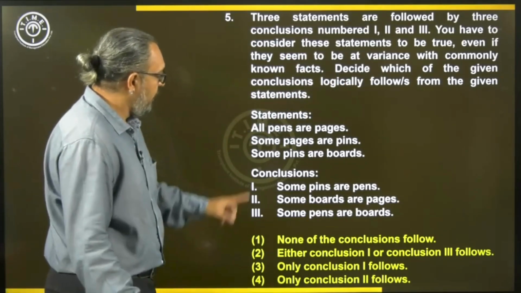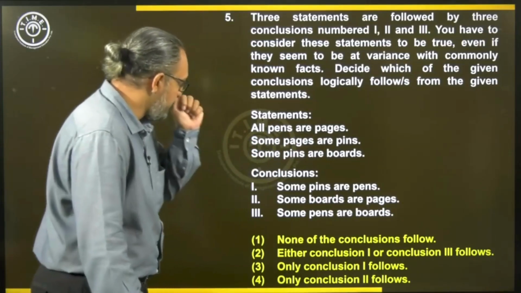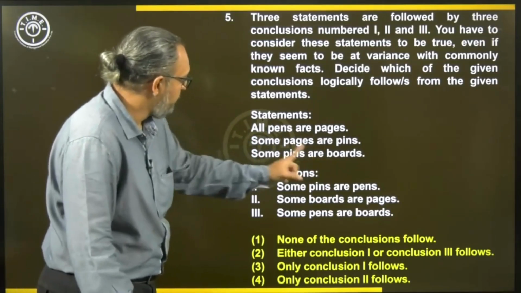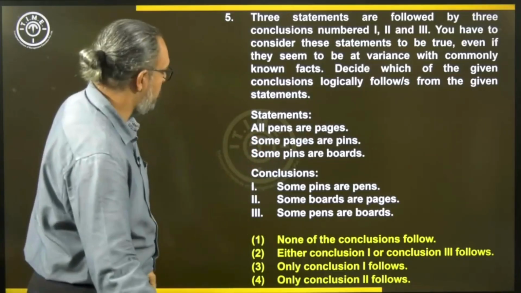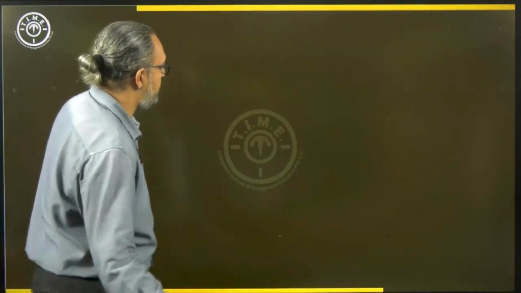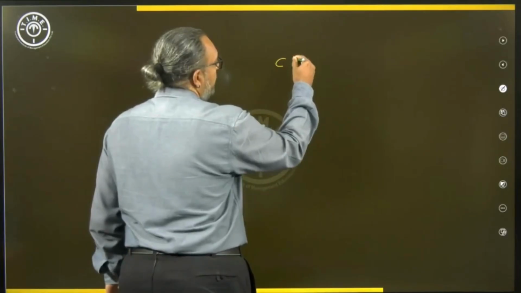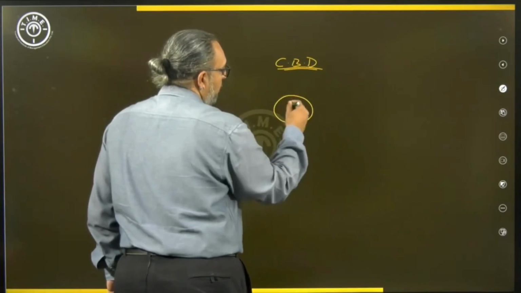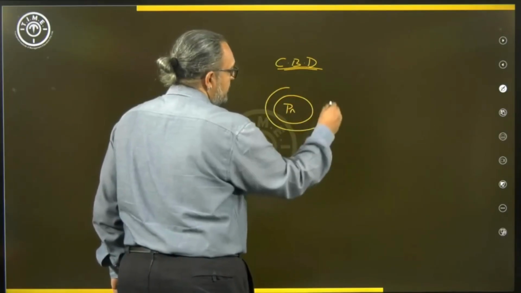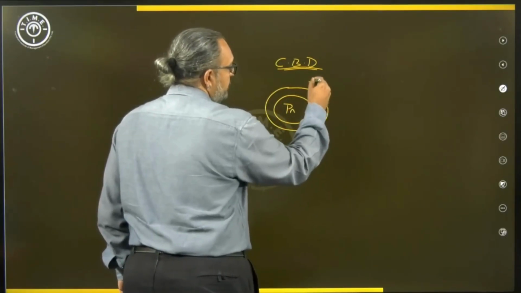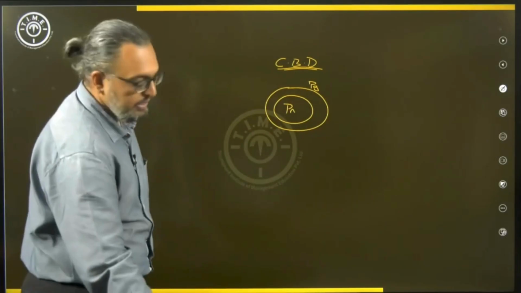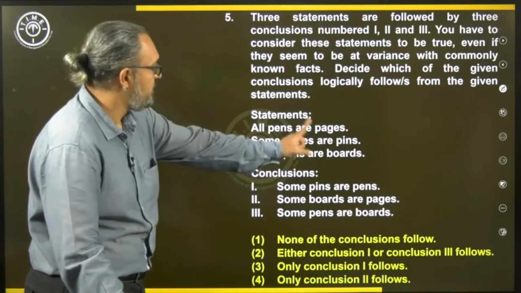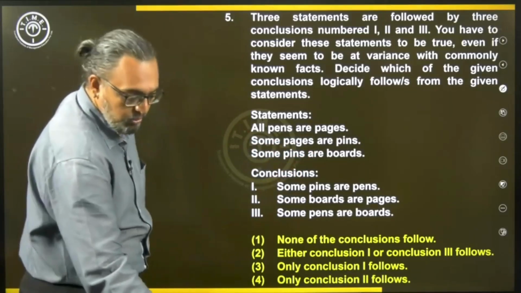Now let's see. Now we have all pens are pages. Then some pages are pins, some pins are boards. Okay. So let's draw this. All pens are pages. So we have the combined basic diagram. All pens are pages. Correct? And then we have some pages are pins, some pins are boards.